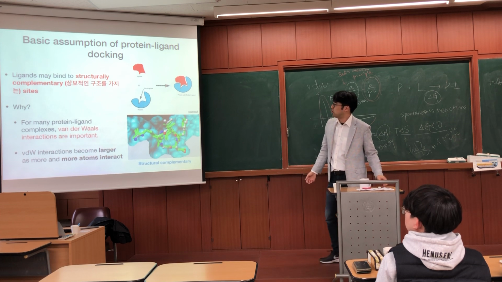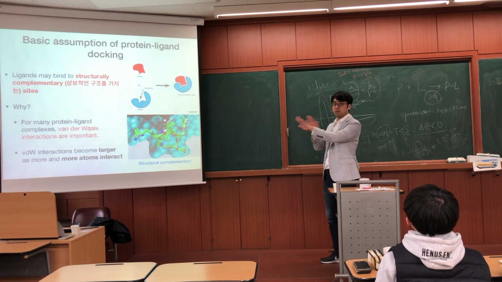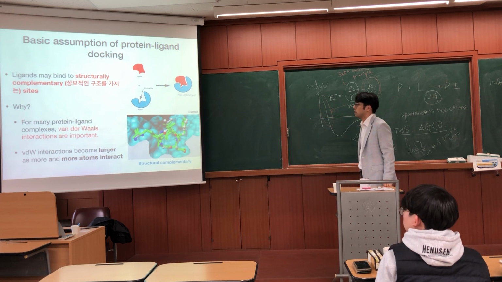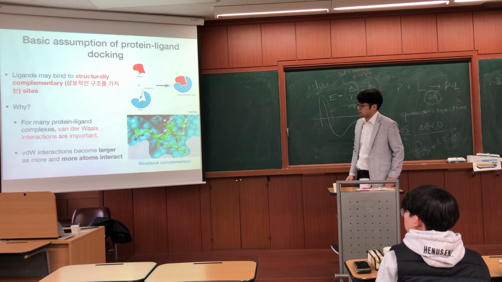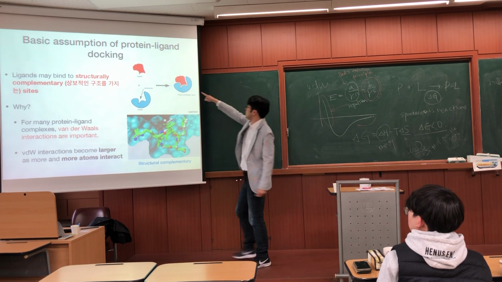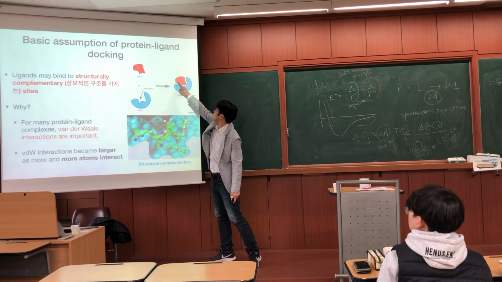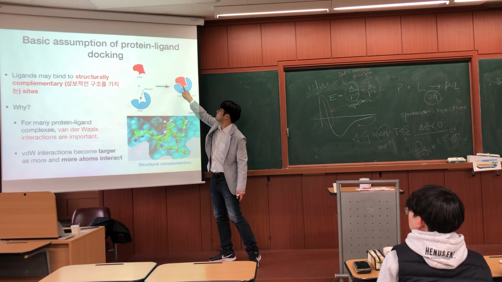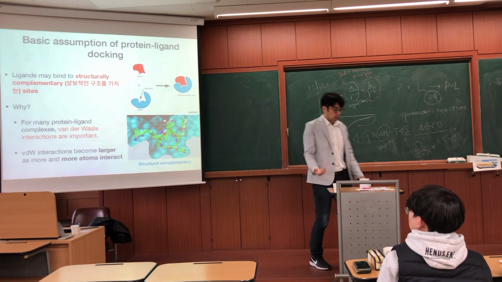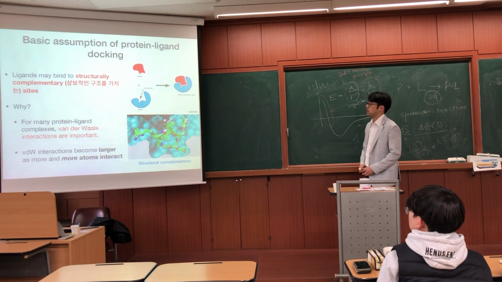When you have more contact points, you get more scores. If this is complementary, then all these surfaces have attractive van der Waals interactions, so they generally have stronger van der Waals interactions.